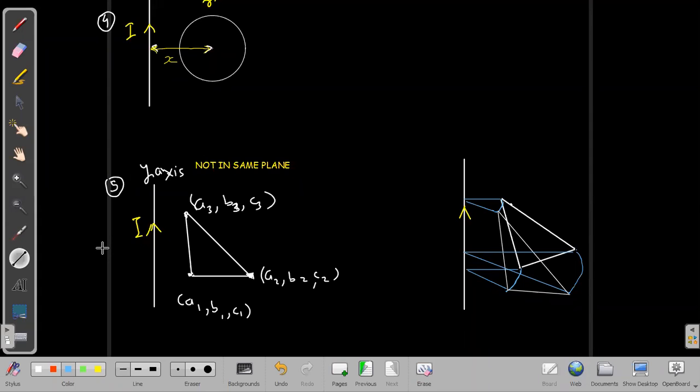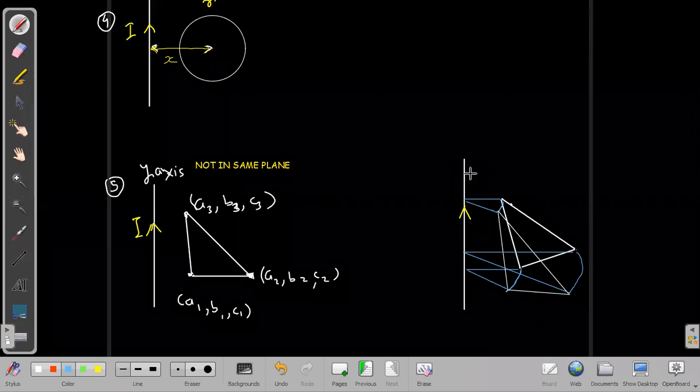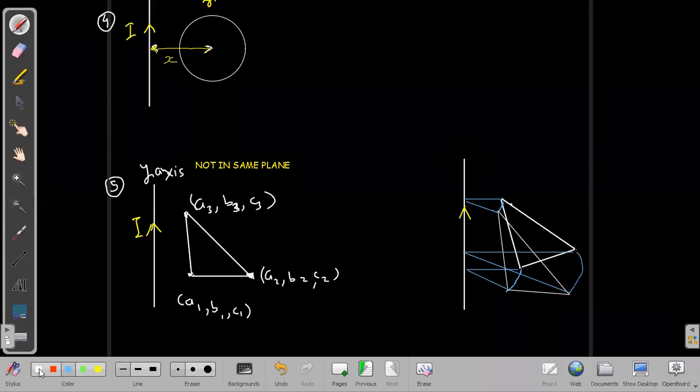I'm trying to make this diagram properly, but I don't know if you understand or not. Solution diagram.